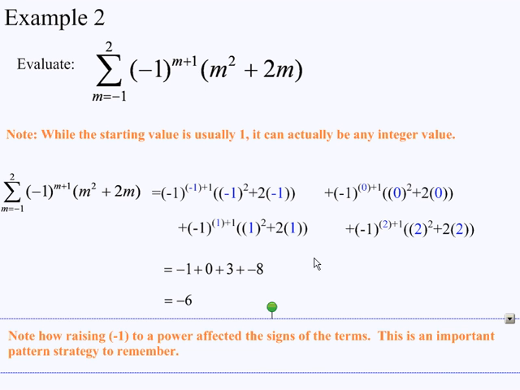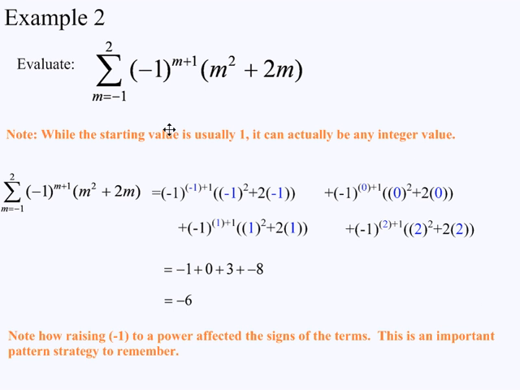It would go positive, negative, positive, negative, positive, negative. The reason it does that is because we have negative 1 over here raised to a power. So remember that, because later on you might be asked to generate a sequence like that where it goes positive, negative, positive, negative. And the way to do that is to take negative 1 and raise it to a certain power.